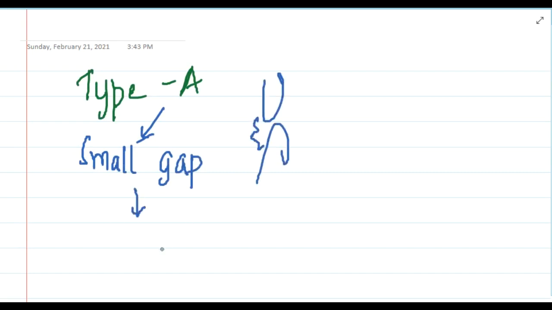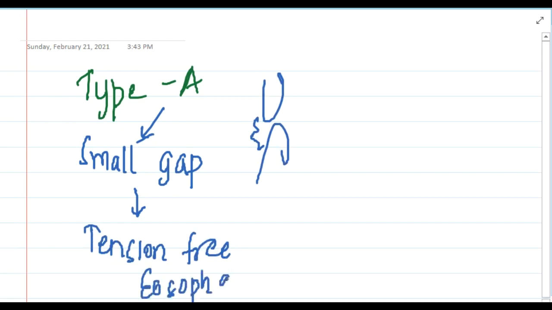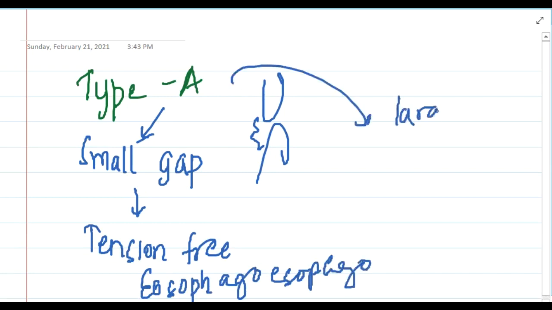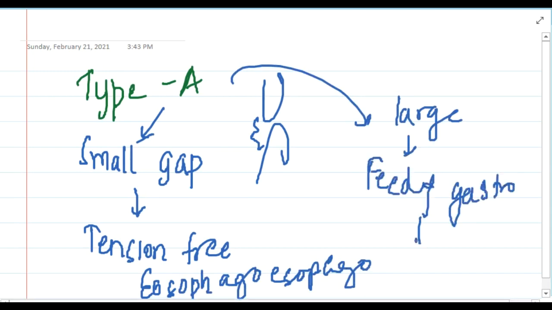If this gap is small, then a tension free esophagostomy is done. If this gap is larger, then a feeding gastrostomy is done in the beginning, and later we will do a delayed esophagostomy.